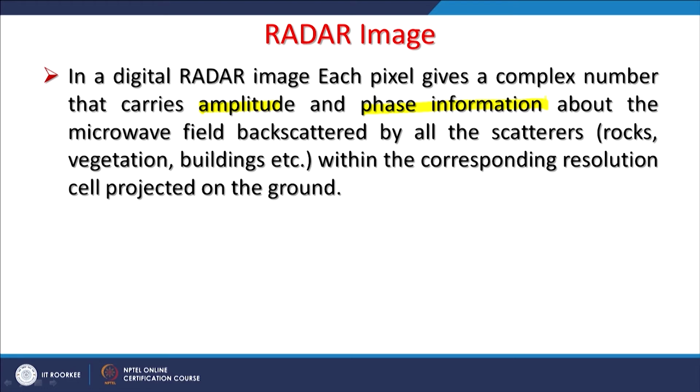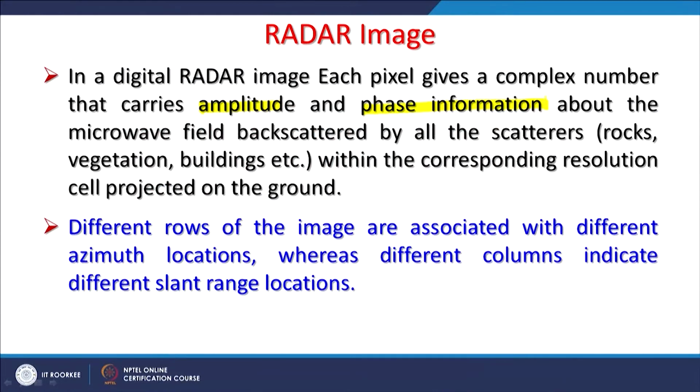Scatterers might be rock surfaces, vegetation, buildings, water bodies, anything present on the surface of the earth, and each will have a different backscatter. So, they will have 2 things in this complex number, the amplitude of that wave and of course the phase information.